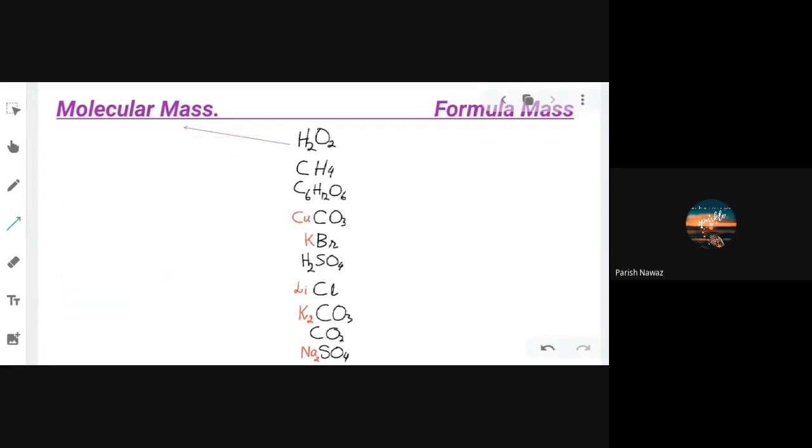Okay, CH4 is also molecular mass. And then C6H12O6, what is it? Molecular mass. Exactly, this is also molecular mass.